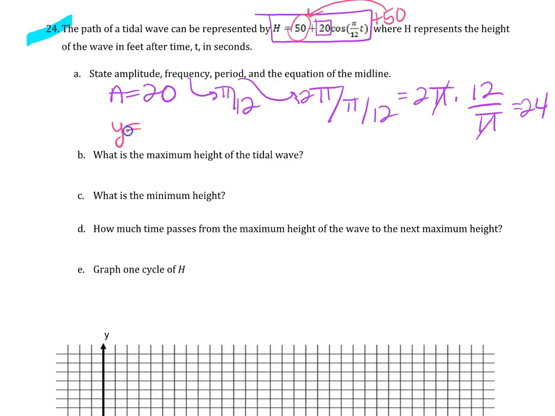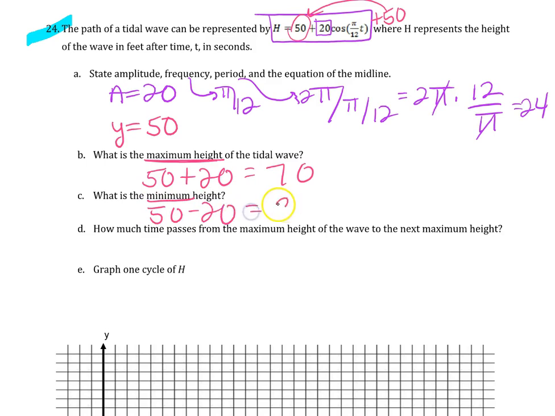Our midline is y equals 50. So that means we're oscillating about the midline of 50 with a distance at most of 20 feet. So our maximum is always calculated by the midline plus the amplitude, which would be 70. Our minimum is the midline minus the amplitude, which would be 30.